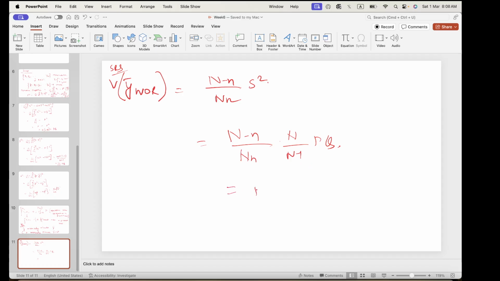So this would give capital N minus small n, capital N minus 1, PQ by small n. But what happens if we go for a with replacement sampling scheme?